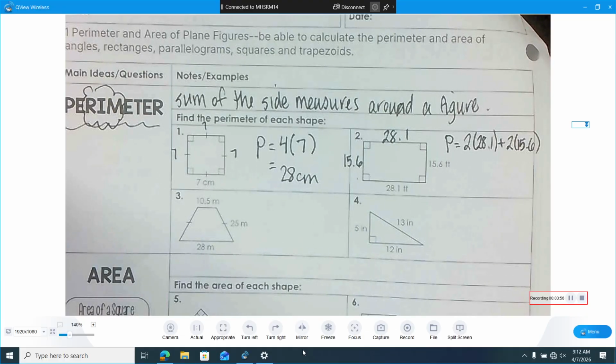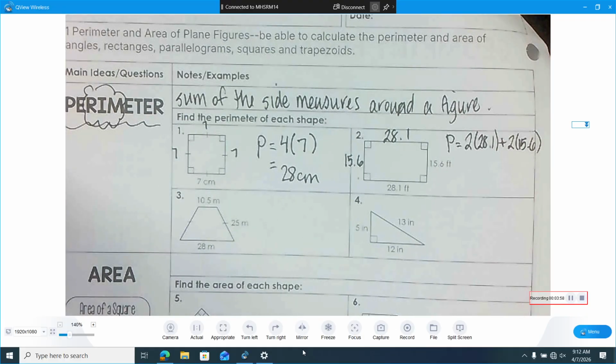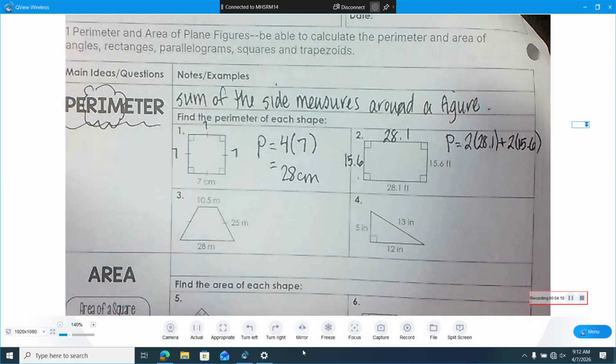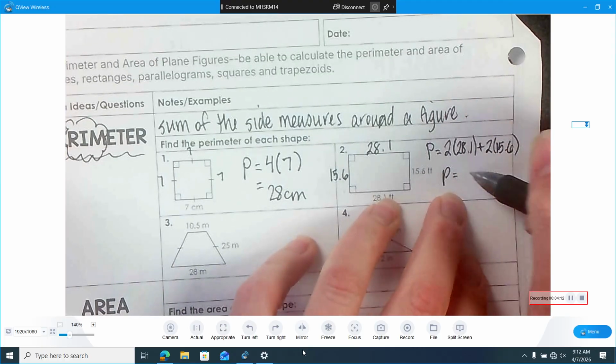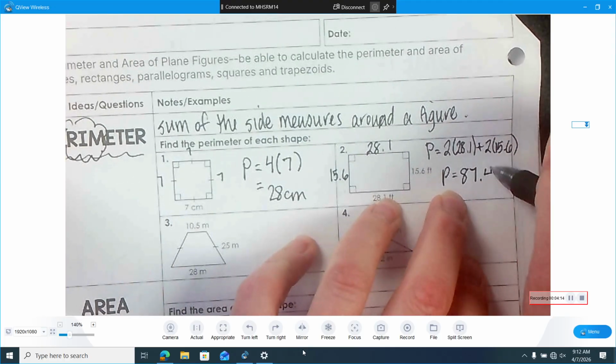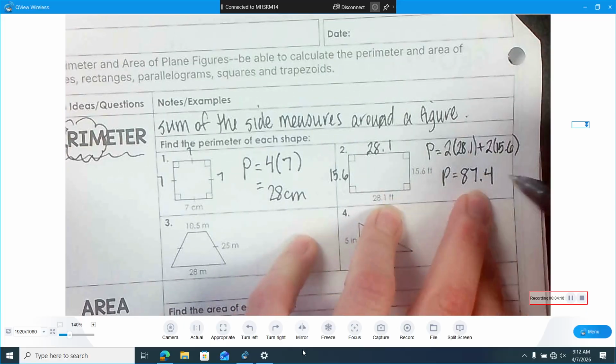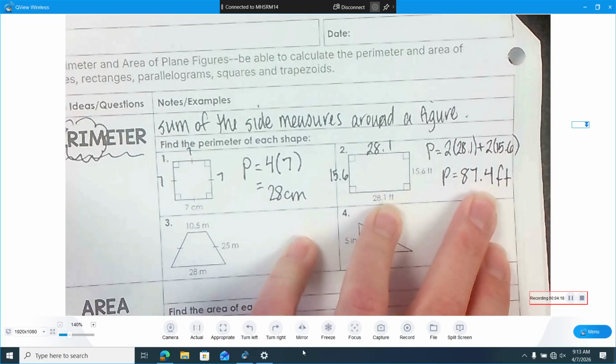I don't know why I'm going over there for a calculator. What did you get for an answer? Will you say that again? 87.4, yes. Okay, I believe you. So this is 87.4 feet.